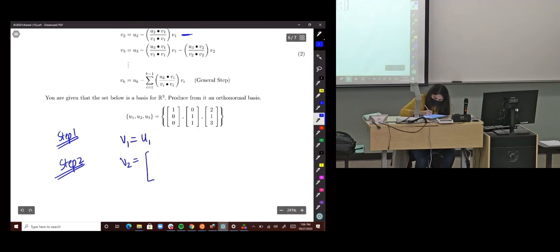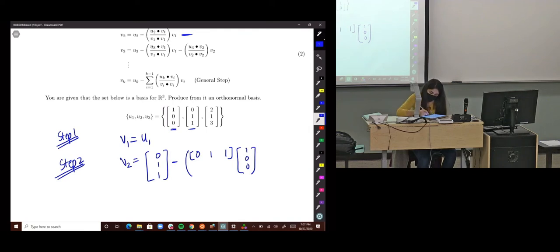So u2 is 0, 1, 1, minus the dot product of u2 and v1, which is u1. So the dot product is u2 transpose times v1, which is u1, which is 1, 0, 0, divided by v1 dot v1, which is the sum of the squares of all elements of v1.